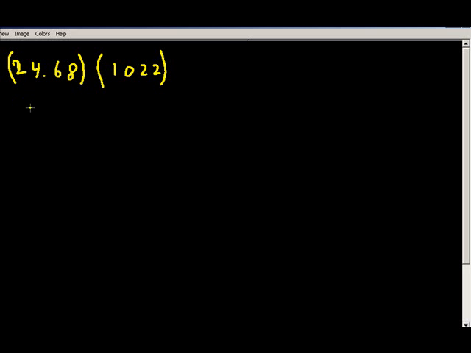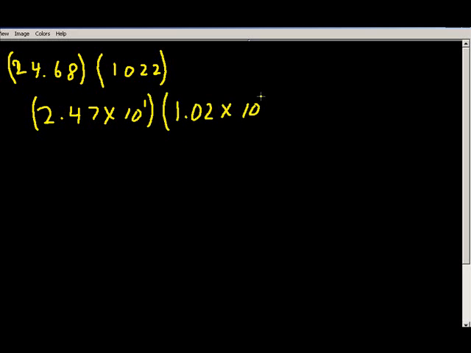So the first thing we do is we're going to convert each of these numbers. And we're going to go with 2.47 times 10 to the first. Notice we convert that. Multiply 1.02 times 10 to the second. Again, notice we did the move there, and we did the move there. My bad. Glad I checked it.